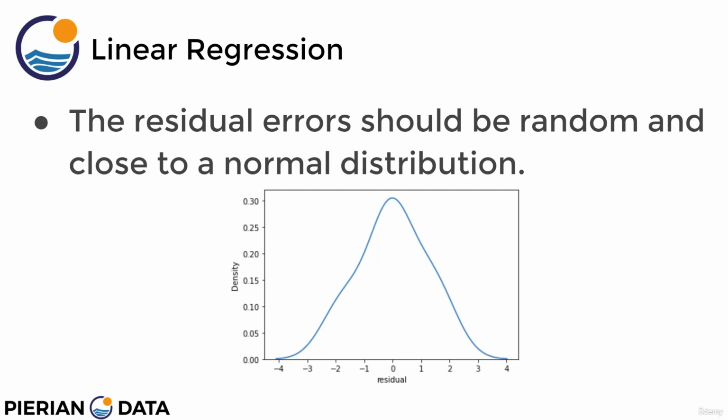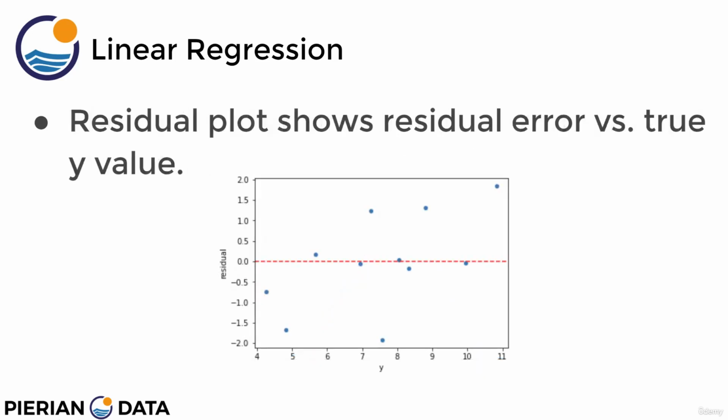I can expand on this idea of checking my residuals by not just plotting their distribution, but plotting the raw residual points themselves against the y true value. So what is this actually showing us? On the y-axis, I have the residual. Note that it's typical to have a horizontal line at 0.